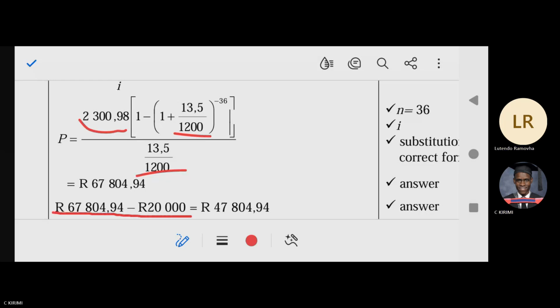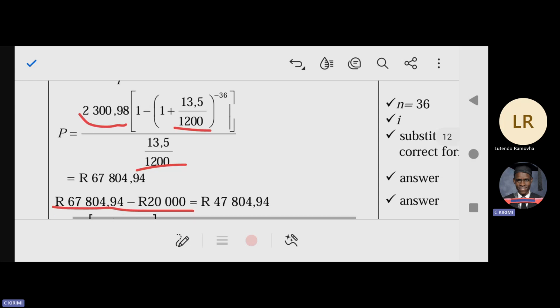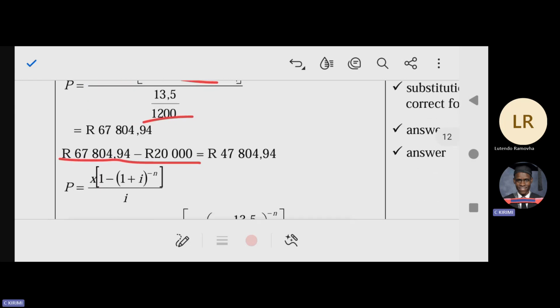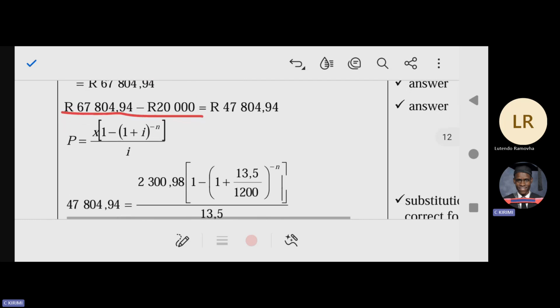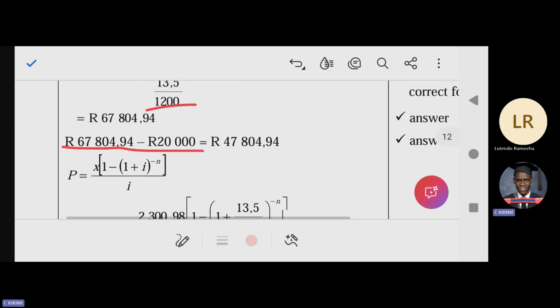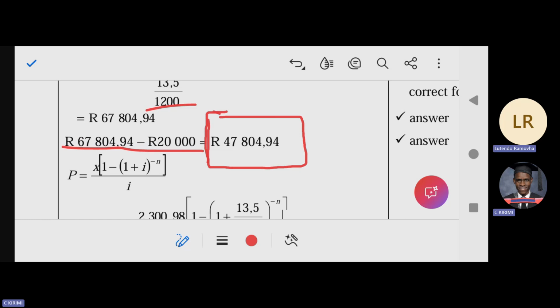Yes. That's what we are calculating now. So the present value formula, now we want to calculate the installment. For these 3 years, the amount that has been left is 47,804.94.